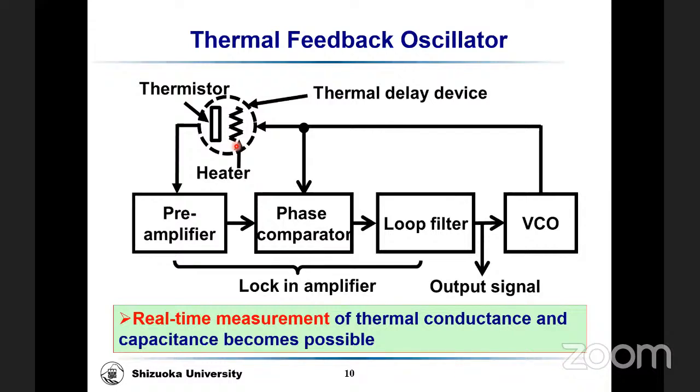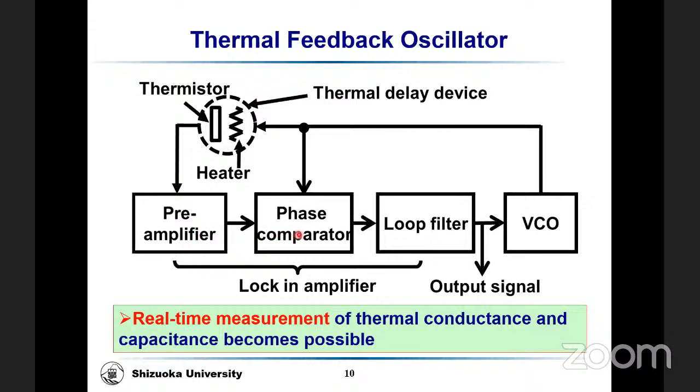And as a result, there is a phase delay between the temperature fluctuation and the driving AC current. And this thermal feedback oscillator locks the phase delay to 45 degrees.